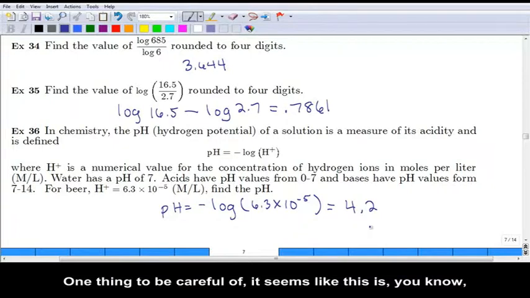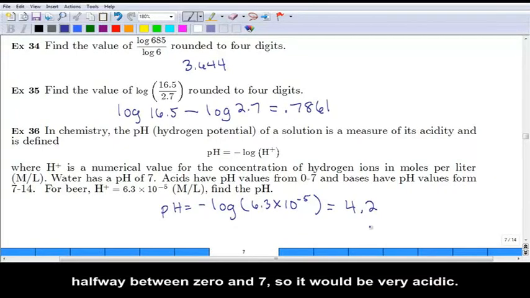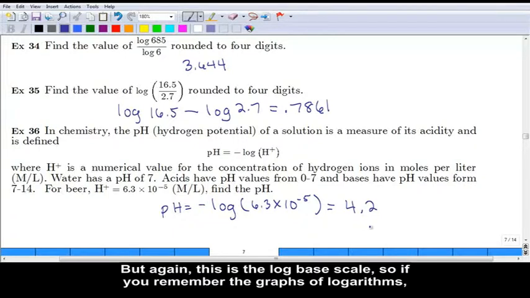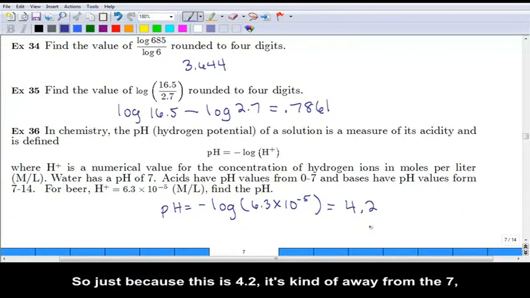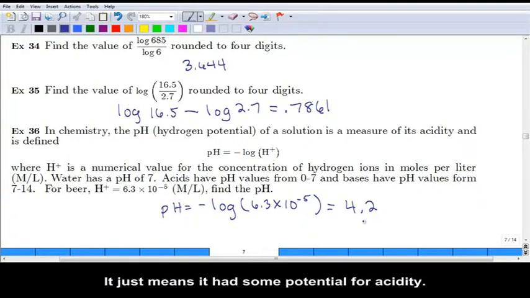One thing to be careful of, it seems like this is halfway between 0 and 7, so it would be very acidic, but again, this is a log-based scale, so if you remember the graphs of logarithms, they grow slowly. So just because this is 4.2, it's kind of away from the 7, it doesn't mean that it's extremely acidic, it just means it has some potential for acidity.